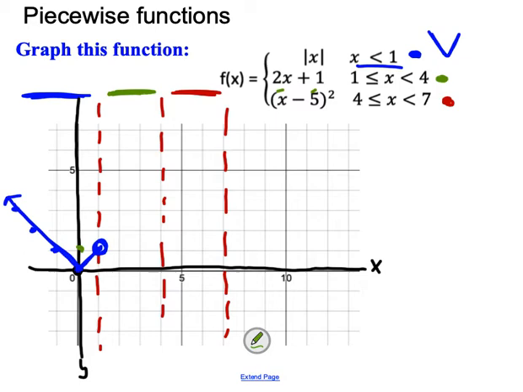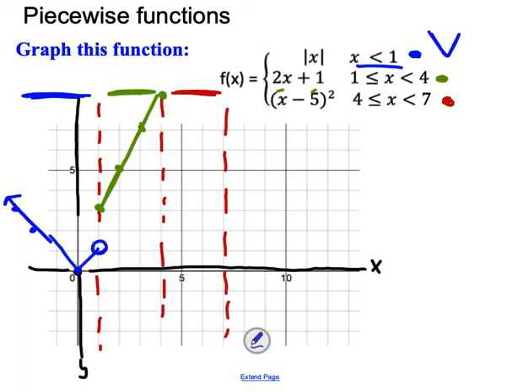Starting up at 1, and then a slope of 2 is up 2 over 1, up 2 over 1, and then I get to the other boundary. So if I'm between 1 and 4, I really only want these guys right here. So this guy, let's see if I can erase him. He was kind of just helping me. Oh, I'd erase the whole thing. I thought that might happen.